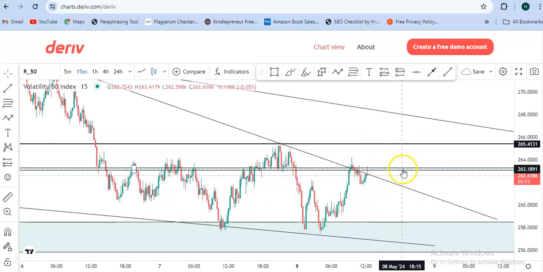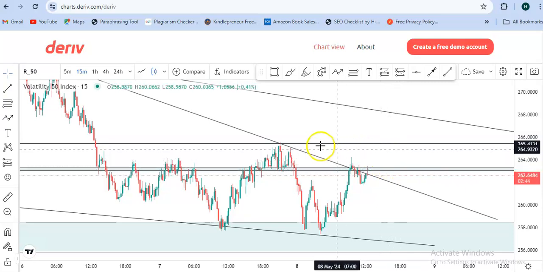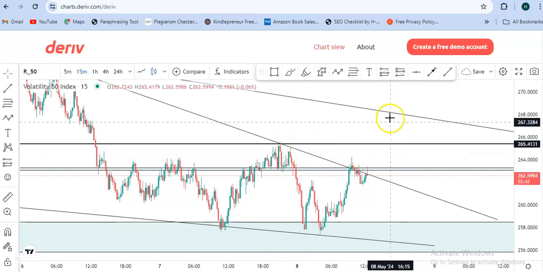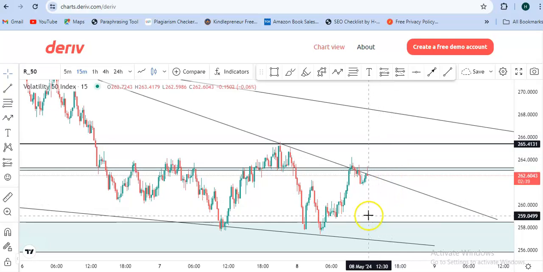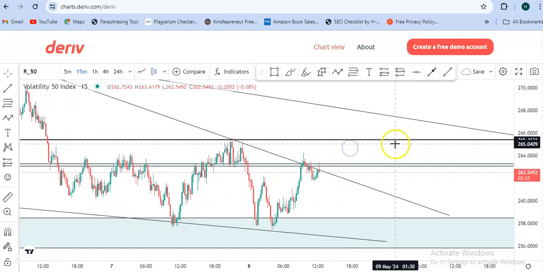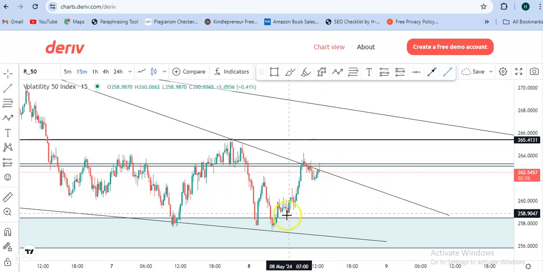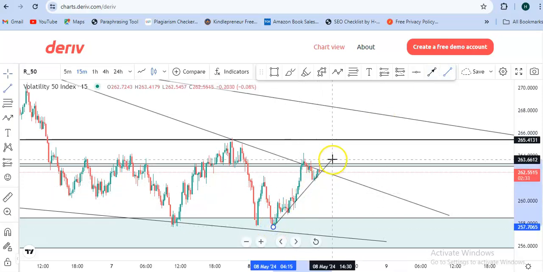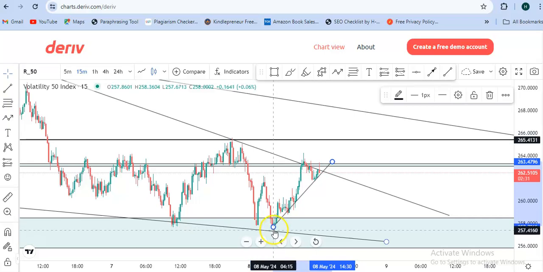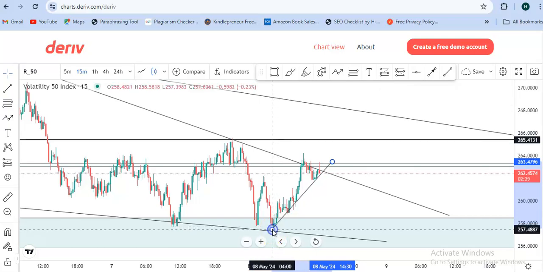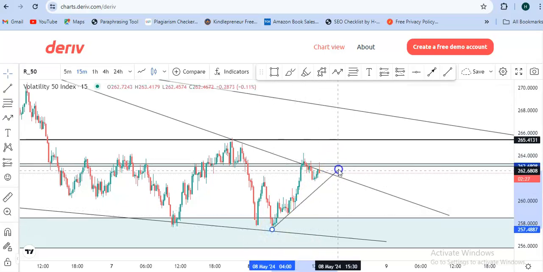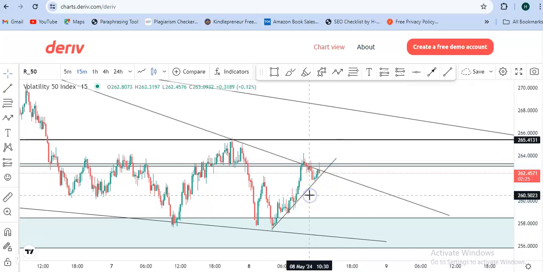But until this high is broken, this key level is broken, the market is not going to buy above. So we want to see the market break and close nicely above this zone. Then we'd expect it to go above this particular key level and continue buying to the upside. But from the look of things, I can pull a trend line, because I see the market would possibly want to sell for a little while before going to buy, based on this structure I'm seeing here on the chart on this particular time frame.